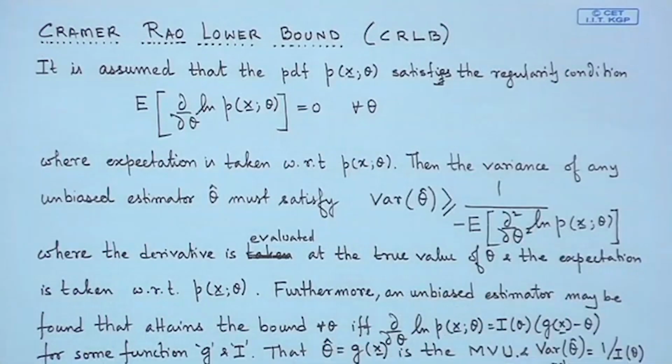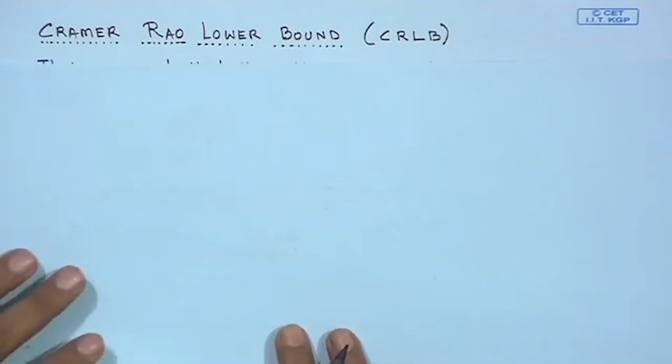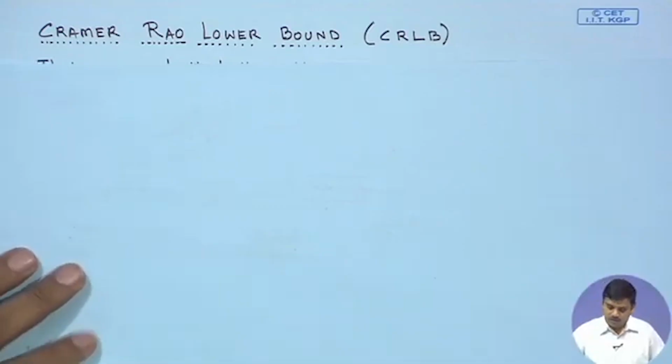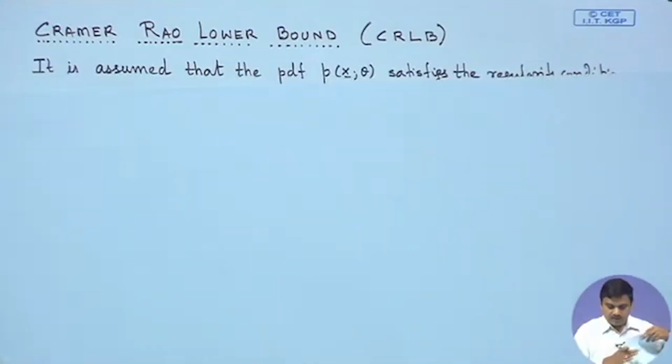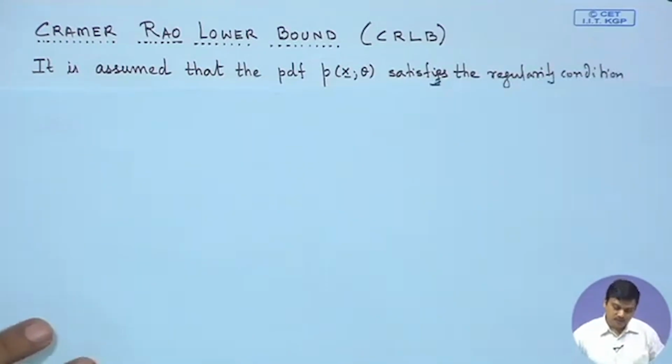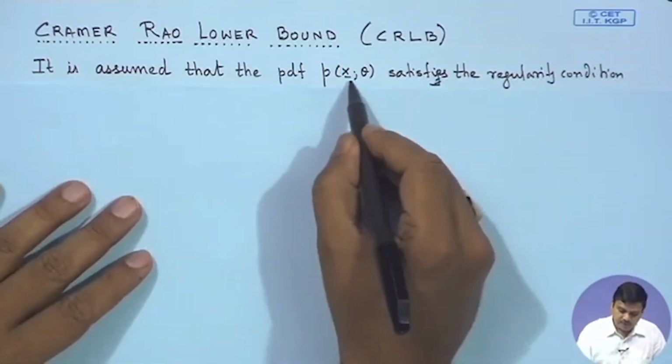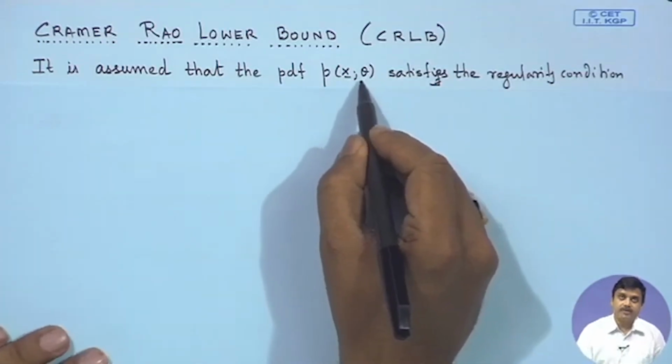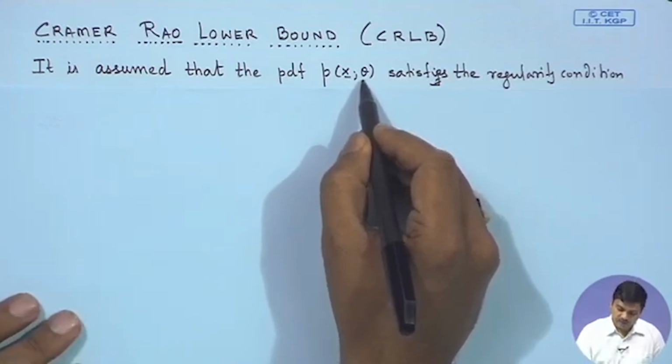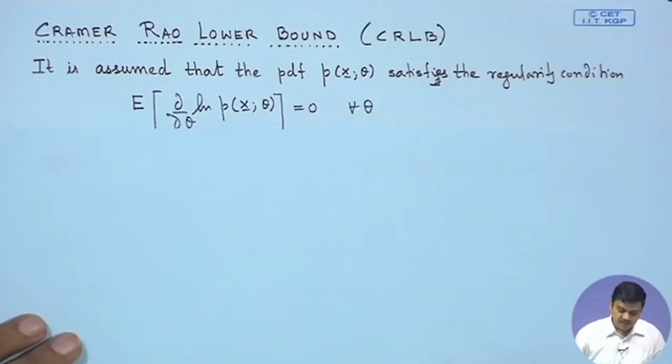Next, we define the very important Cramer-Rao lower bound. In this, it is assumed that the PDF p of x, theta, where x is the observed data and theta is the parameter to be found, satisfies the regularity condition.